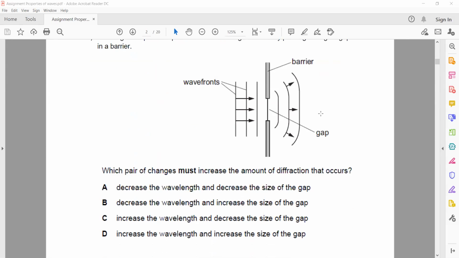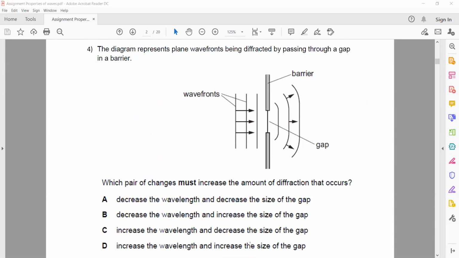The diagram represents a plane wavefront being diffracted through a gap. Which pair must increase the amount of diffraction? What must be done to increase the diffraction?